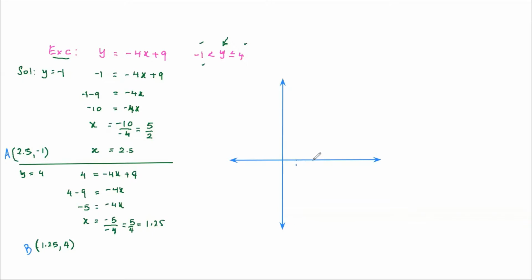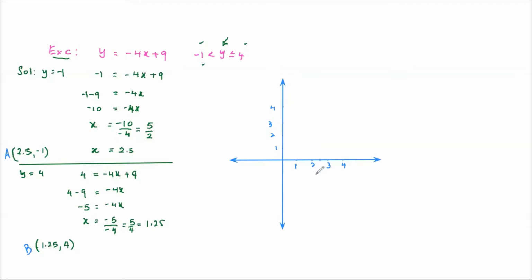Okay, so 1 here, 2, 3, 4. We may not need that much. And on the top, maximum 4. So 1, 2, 3, 4 here. Then you put the first coordinate A, x is 2.5 and y equal to -1. 2.5 should be around here, right?